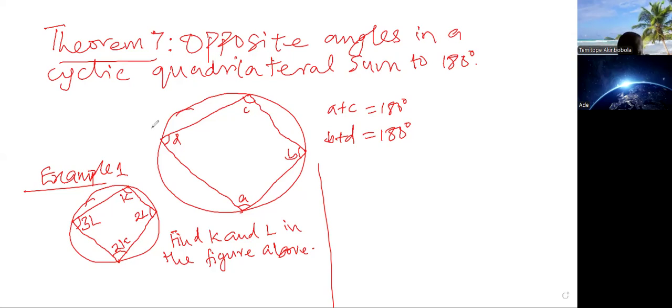Are you through? Yes, sir. So what did you get for L? What did you get for K? I can't hear you. For K, I got 60.